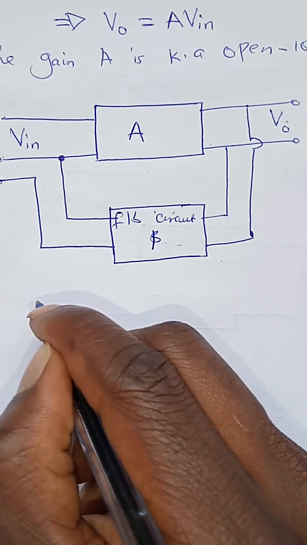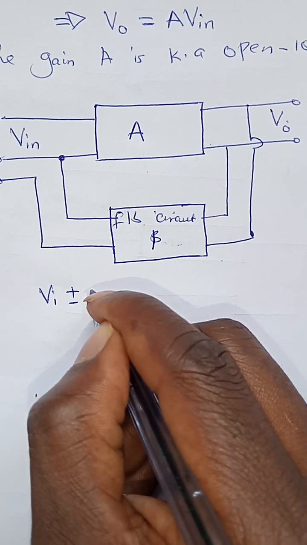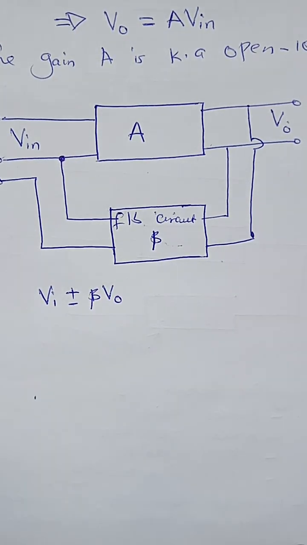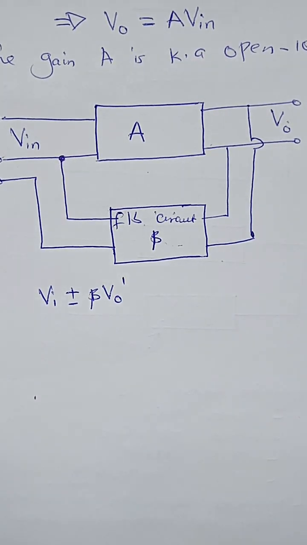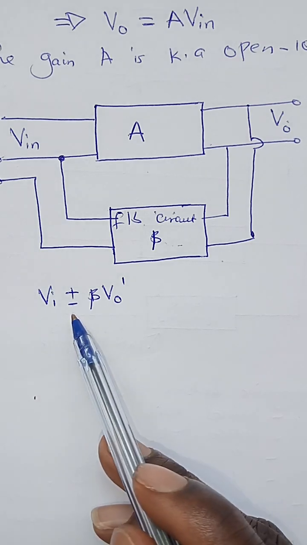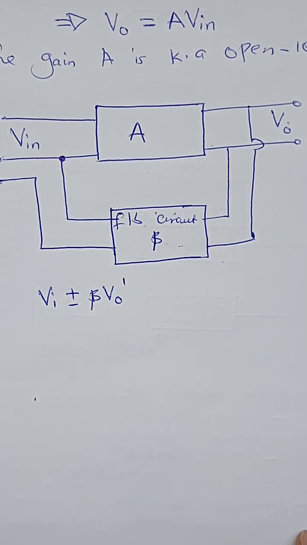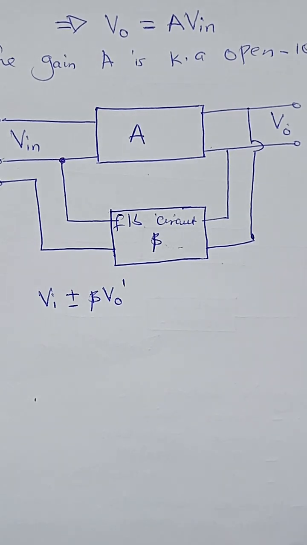The new input voltage will be Vi plus or minus beta Vo prime. That means it will be the input voltage plus or minus, depending on whether the feedback voltage is in phase or out of phase with the input energy.